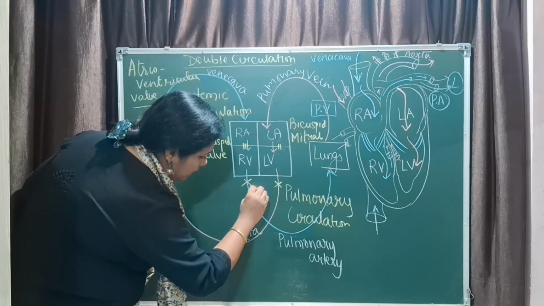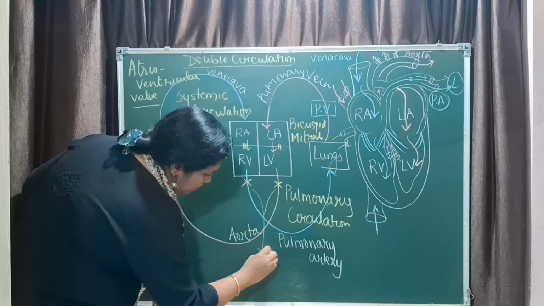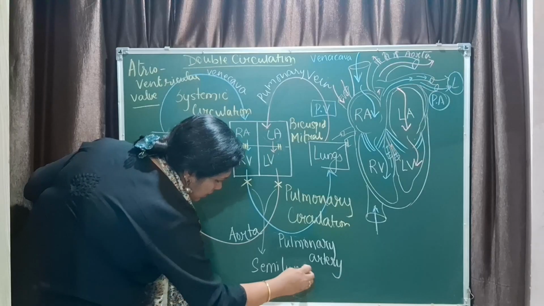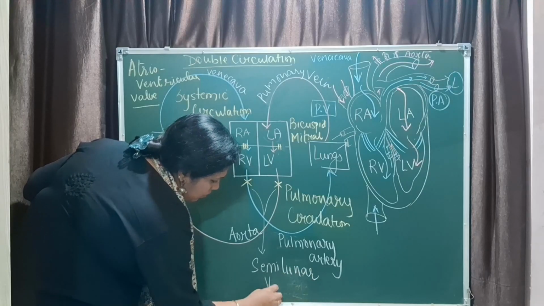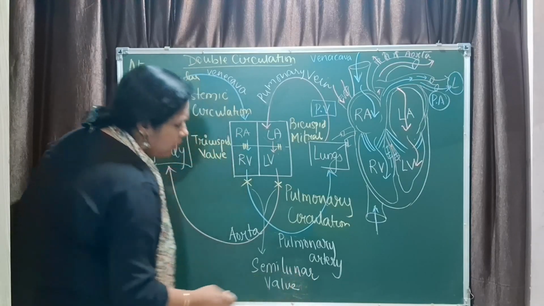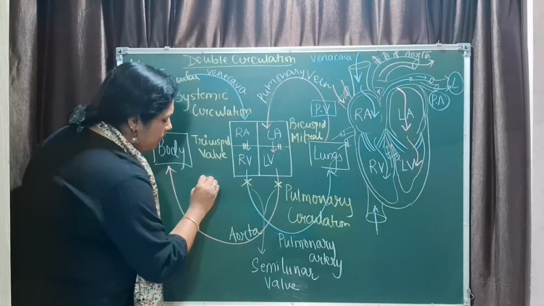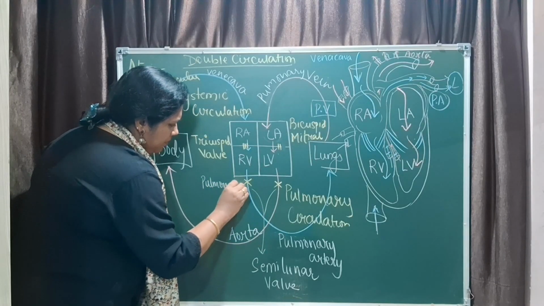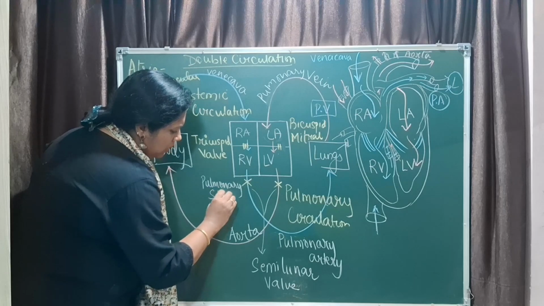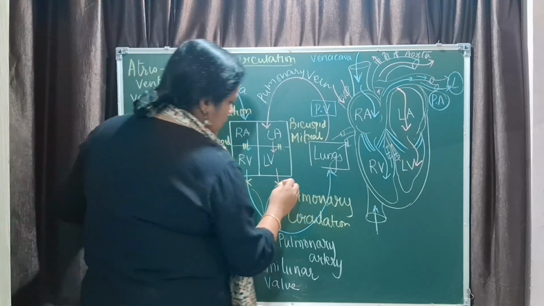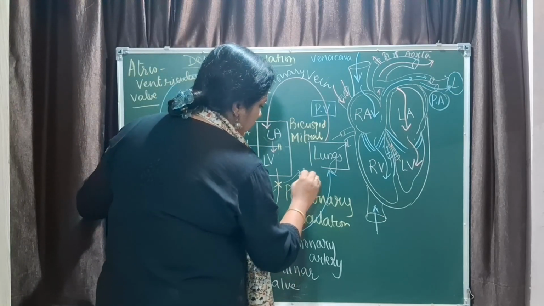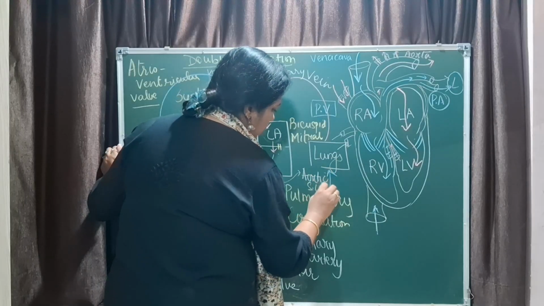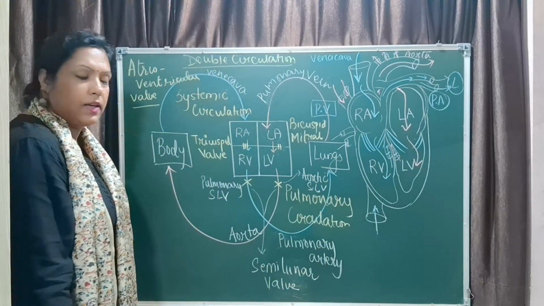So the common name for these two valves is semilunar valve because their structure is half-moon shaped. So this is called the pulmonary semilunar valve, and this is called the aortic semilunar valve. Is that clear?